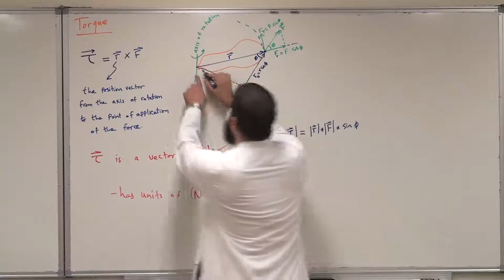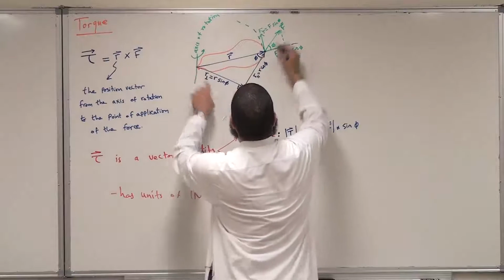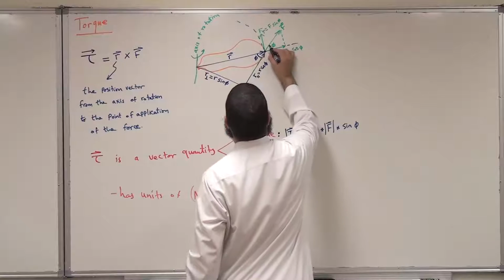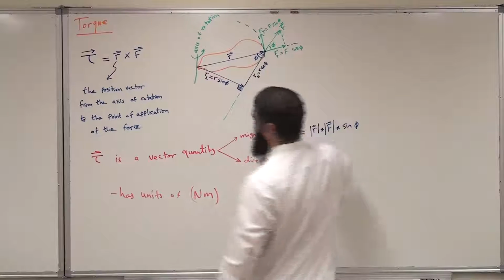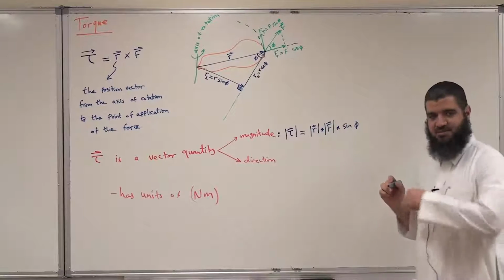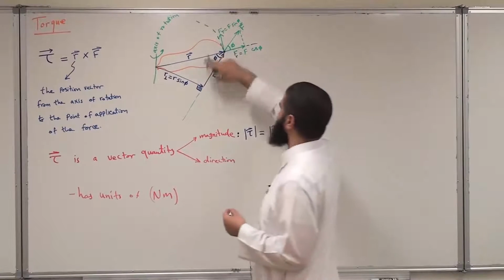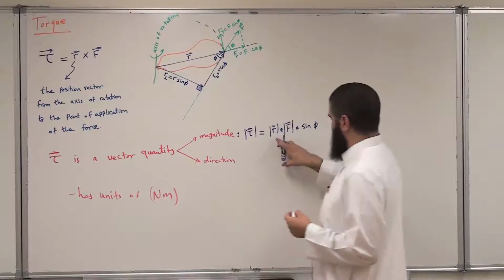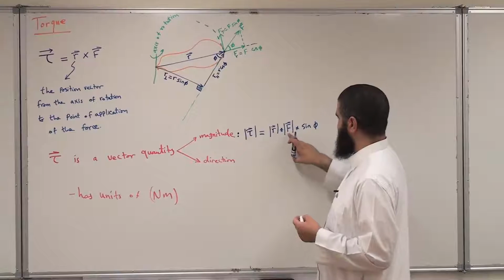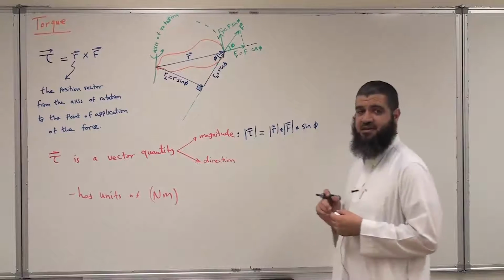So this is r, that is the force. We extend r, and this is the angle between the two vectors. It is the smaller angle between them. Don't take the large angle. So r magnitude, force magnitude multiplied by sine phi.